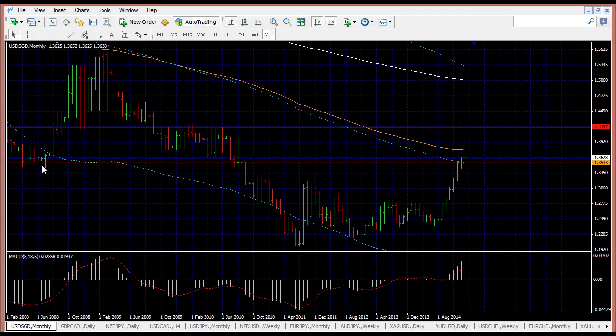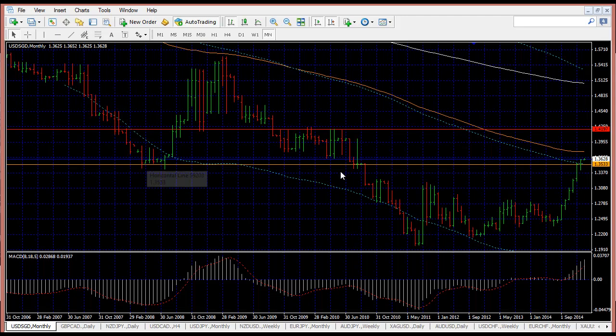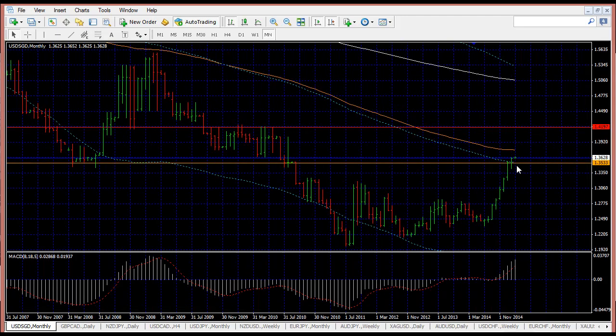So this is quite an area of a strong support level. Eventually it did break up, which is a good sign, right? Which is a sign that possibly it is going to head up further.